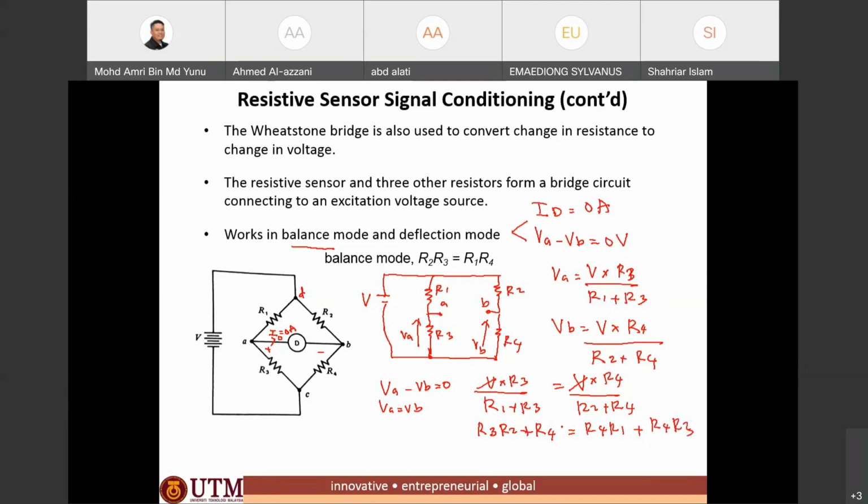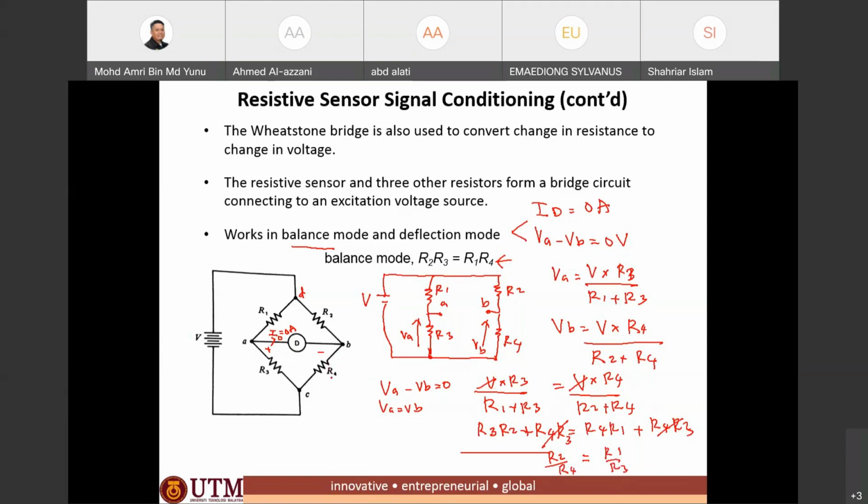Oh, I'm missing this one, R3. So finally this cancels out. So we get the ratio of R2 over R4 equals the ratio of R1 over R3 during balance condition.